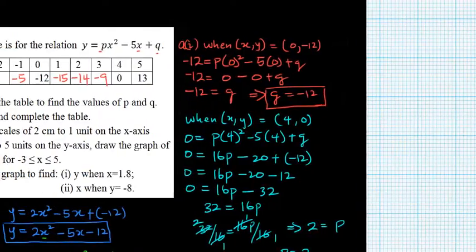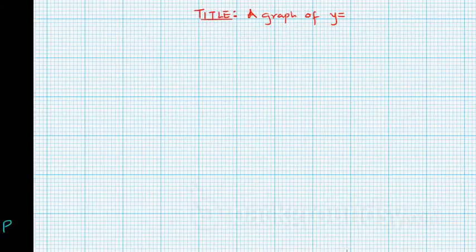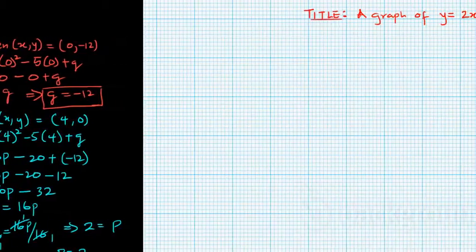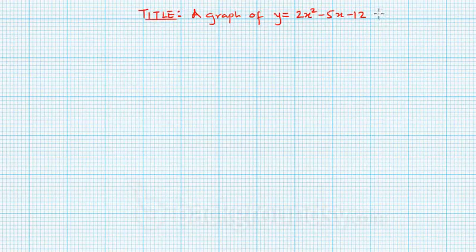You write: a graph of y equal to 2x squared minus 5x minus 12, when minus 3 is less than or equal to x less than or equal to 5.